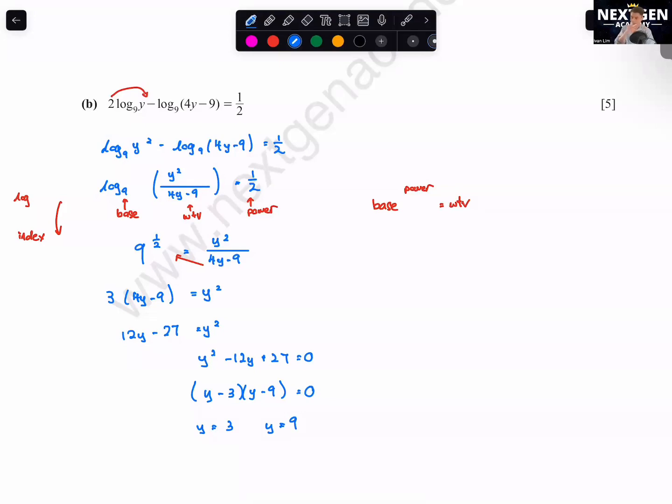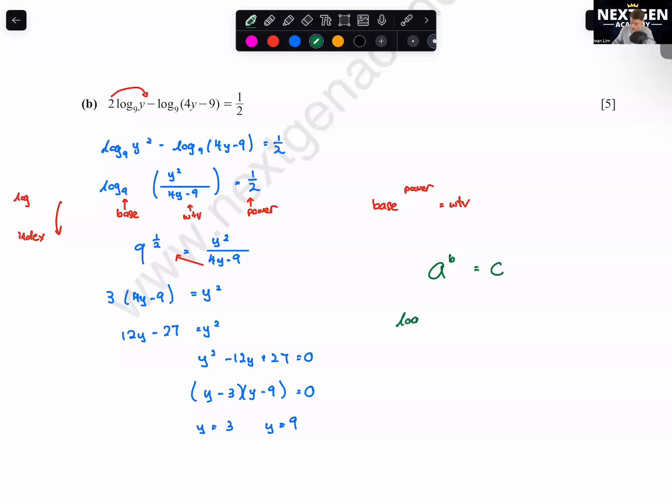What is 132? We haven't gone into our log hot topical past year questions yet. Last time when I first taught log form to index form and index form to log form, I told those students to just remember this number 132. If you want to change between log form and index form, say you have a to the power of b equals c.